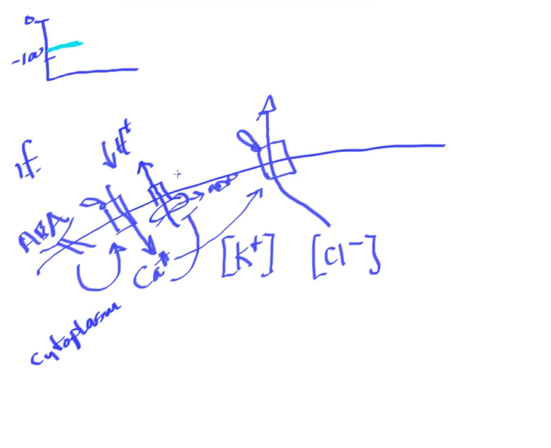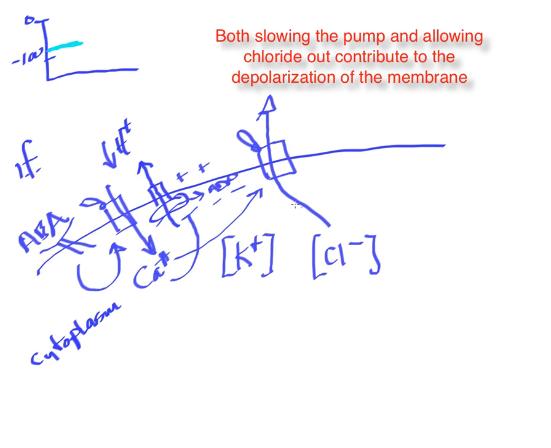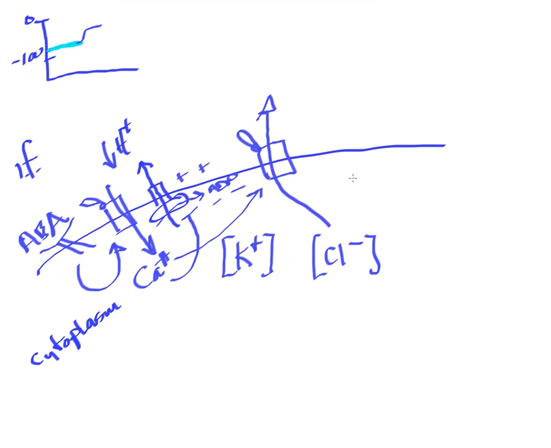Well, although you've reduced the membrane potential in this cell, or are in the process of reducing it by slowing down the pump, you're also reducing it by allowing more of these negatively charged ions out of here, so that we are, by these two steps, both by slowing down the pump and by letting chloride out, depolarizing the membrane, making it less different across the membrane.